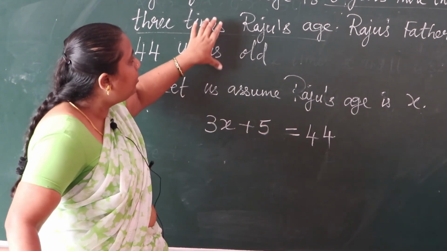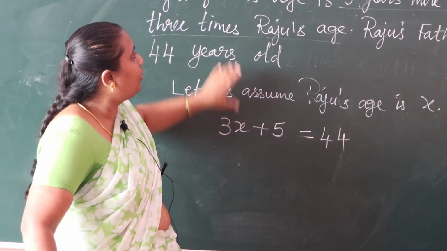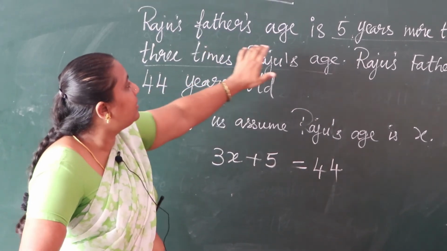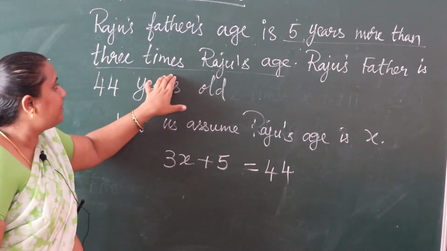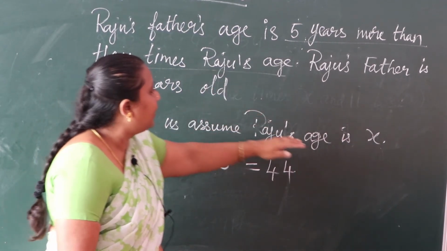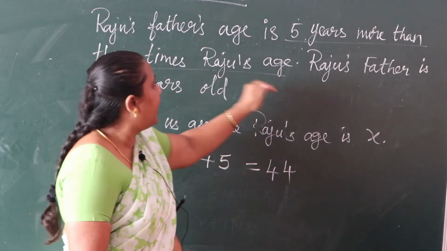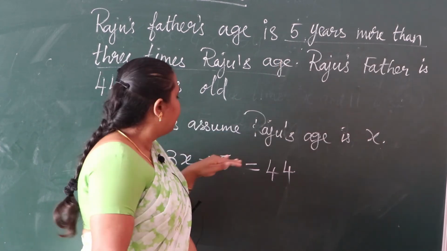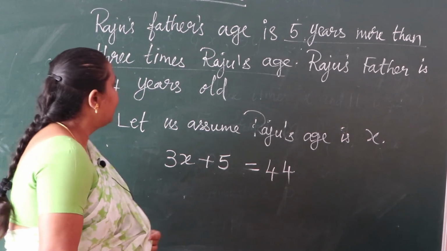Okay. So how to write our equation? How to write the equation of this given question? Raju's father's age is 5 years more than 3 times Raju's age. So Raju's age we can take as x, and 3 times Raju's age is 3x, and 5 years more means plus 5, equals 44 years old.